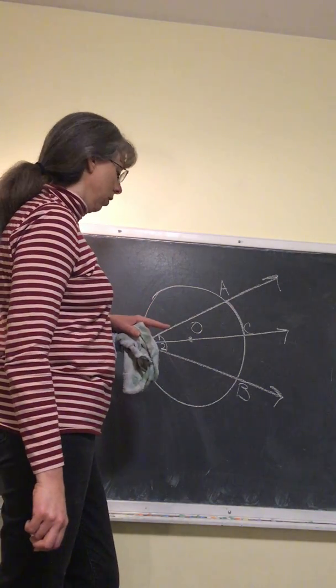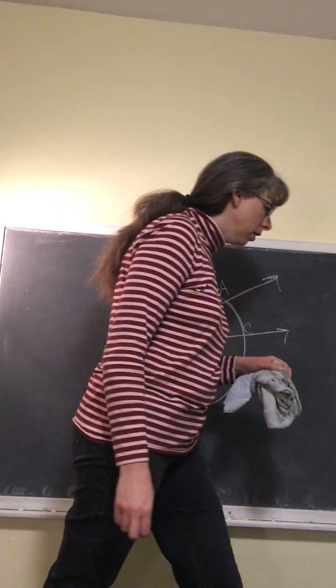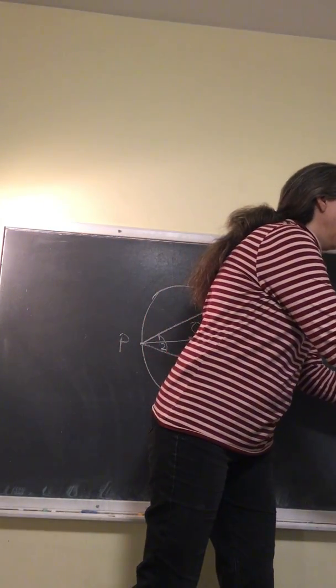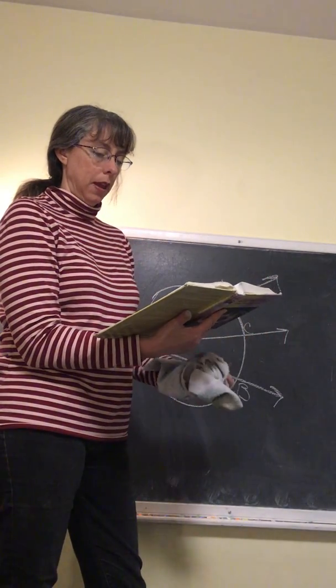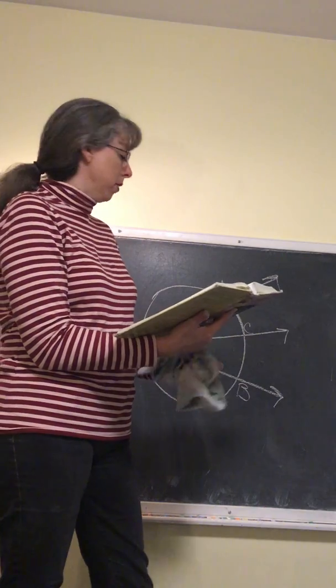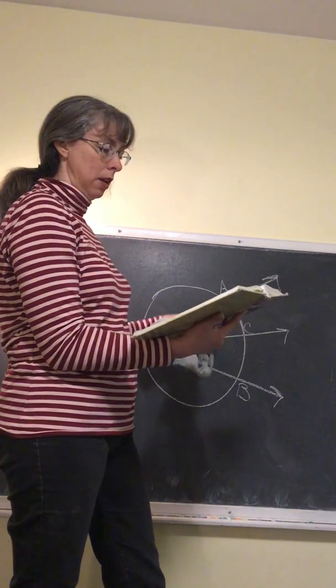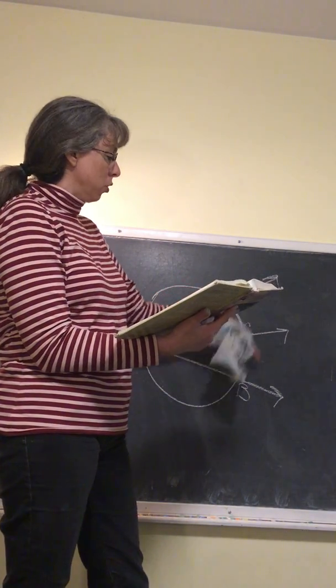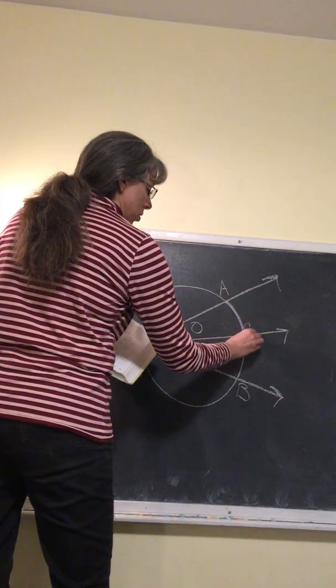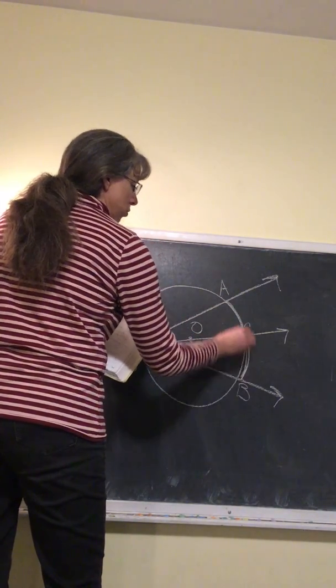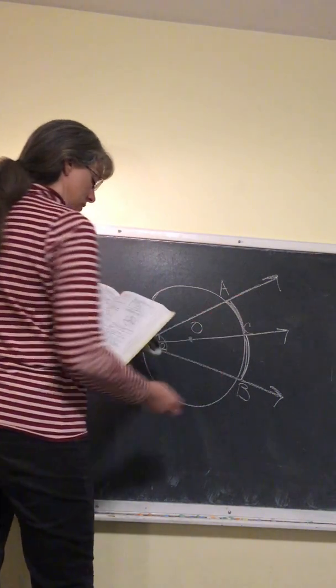Therefore, we can combine those together and get that that equals half of the measure of arc AC plus the measure of arc CB. And why is that? That is simply substitution. So half the measure of this arc plus half the measure of this arc.